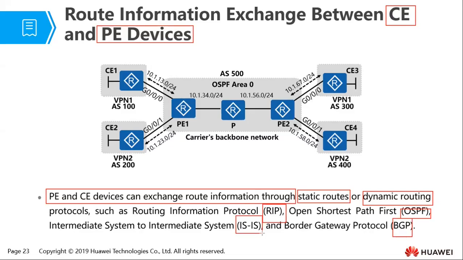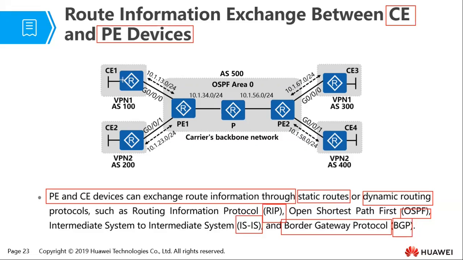That is how routes are shared between the CE and the PE. Each one of them has a certain advantage. During the lab, you're actually going to configure this. What you need to know is that most of the time, BGP is used as the routing protocol that supports route sharing between a PE and a CE.